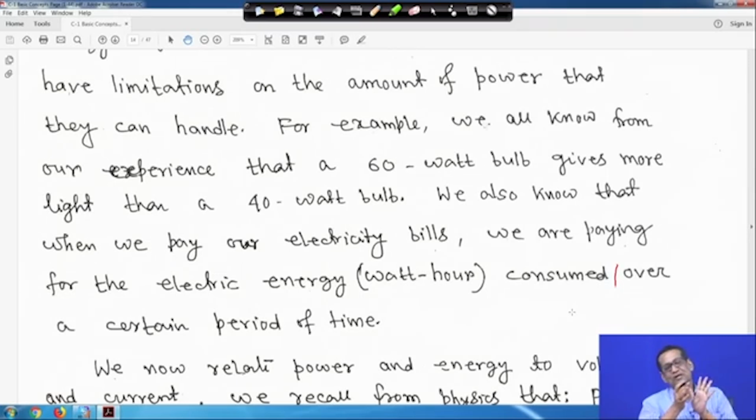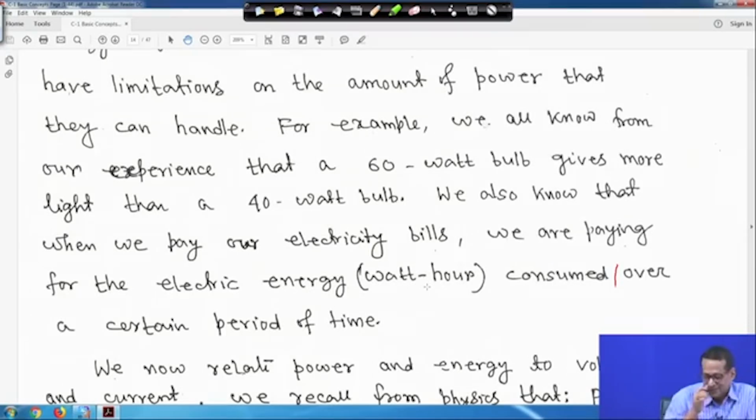In general, the higher unit is kilowatt hour. So, sometimes we define energy as power multiplied by hour, because it is watt hour, right.